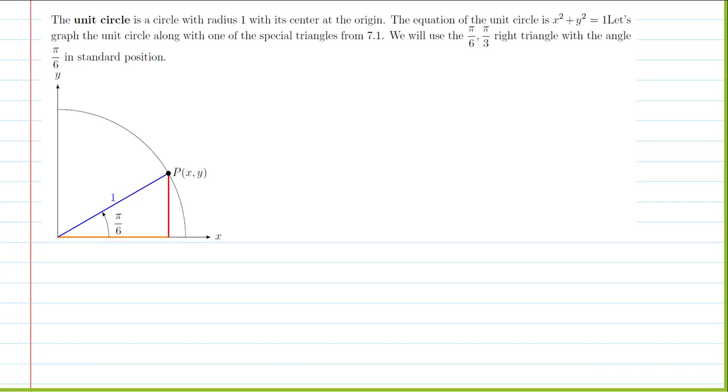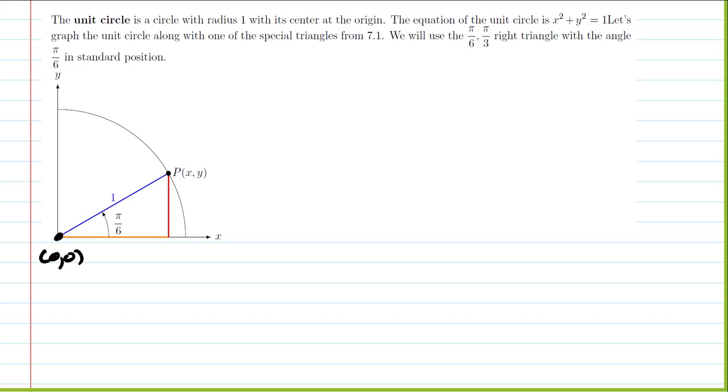So in this diagram, we have that the vertex for the angle pi over 6 is located at the origin, so at 0, 0. And we're on a unit circle, so that indicates that the hypotenuse of every triangle whose hypotenuse lies on the unit circle will always have radius 1.